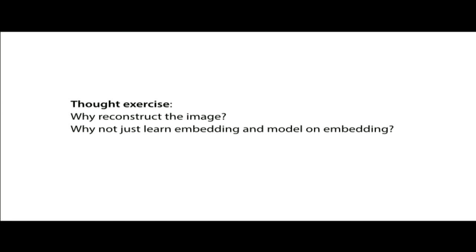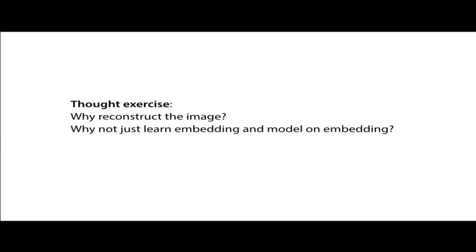Okay. And then to conclude, I'd like to ask you something, which is why do you have to reconstruct the image? Why not just learn an embedding G that maps from your observations to Z?